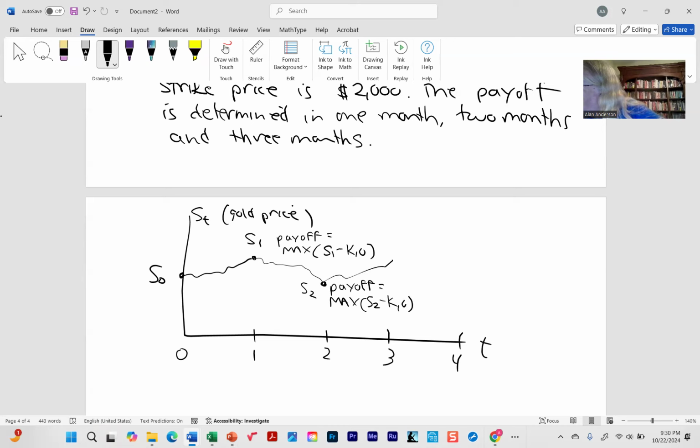And then at time 3, it's going up here. And then it ends up here, let's say. Let's just say for simplicity, the strike price is here.